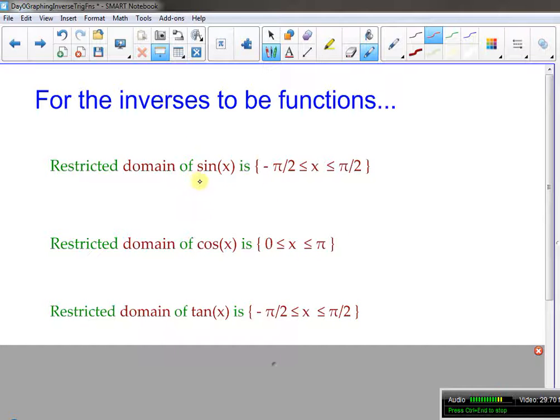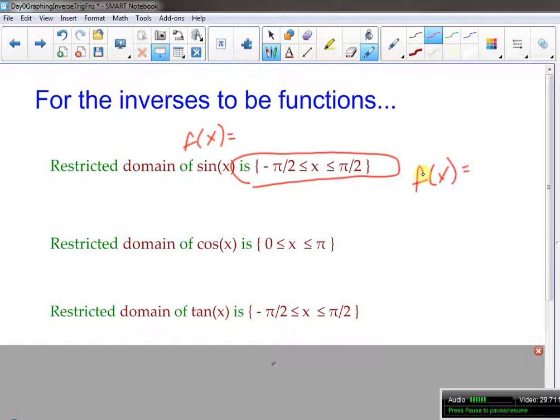The restricted domain of the original function, if we start off with f of x equals sine of x, if we use only this piece of it, then we will have a function for sine inverse or arc sine. And this is going to become handy when we start talking about doing our evaluations, which we will do a few today.